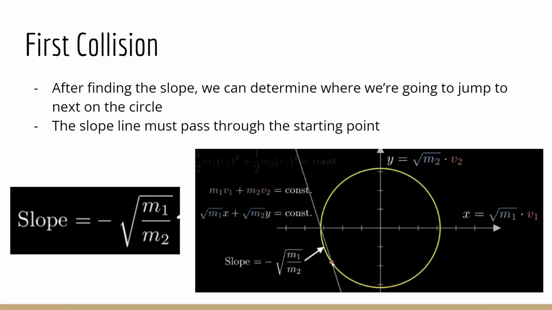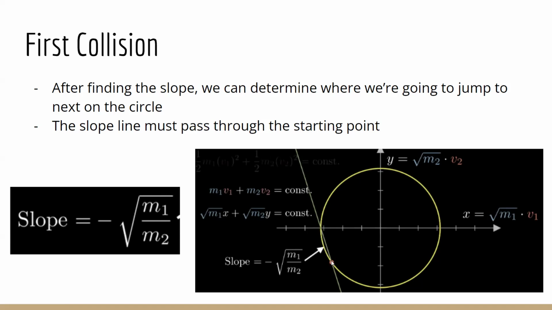So this dot could be anywhere over here as long as the slope is just like this. But the reason it ends up exactly where it is, is because we know that the line must pass through our starting point right here. So that is why we have this line right here.